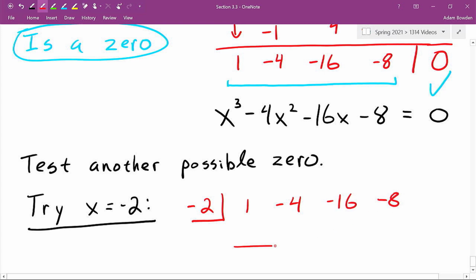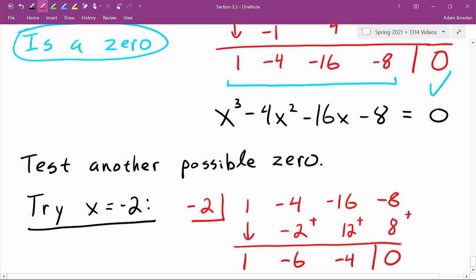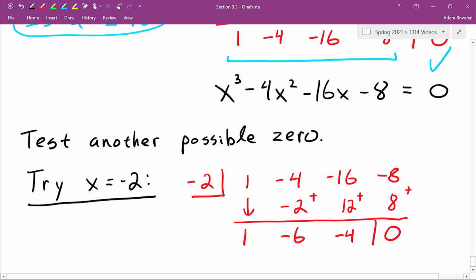So running through the synthetic division with -2, always start with 1, then -2, -6, +12, -4, then -2 times -4 is +8, and that's awesome because we get a remainder of 0. Another number that checks out. So x equals -2 is another 0 of our function.